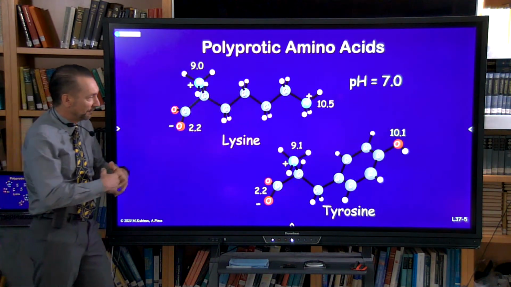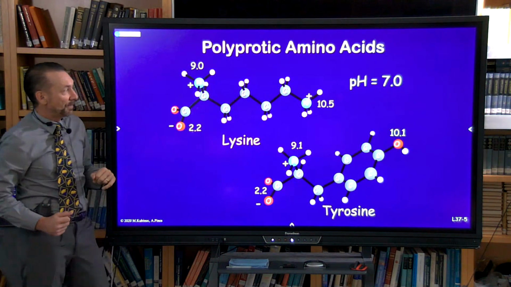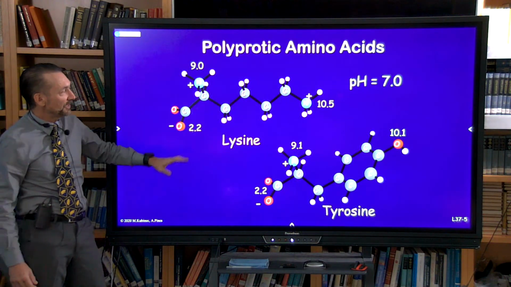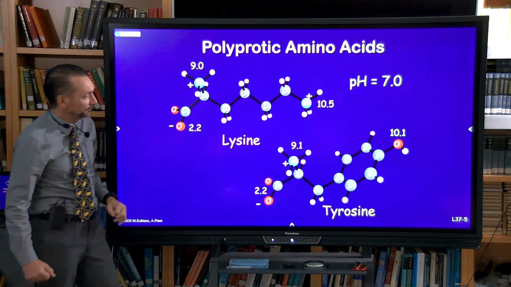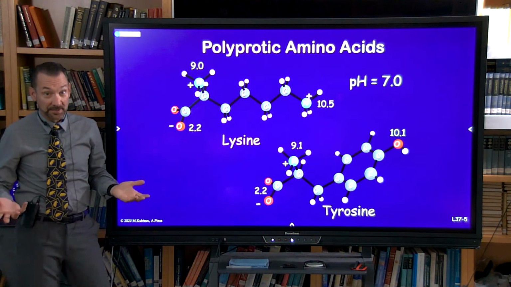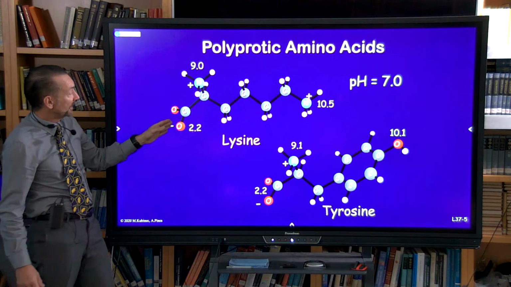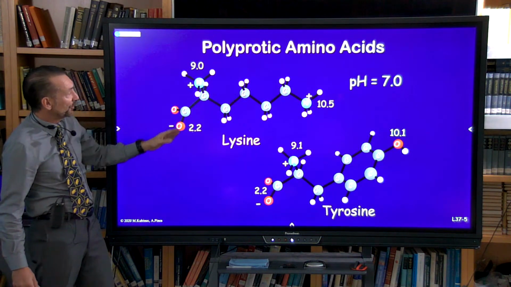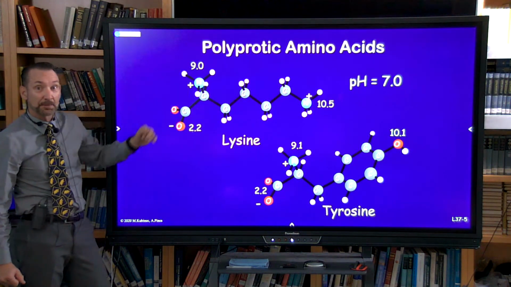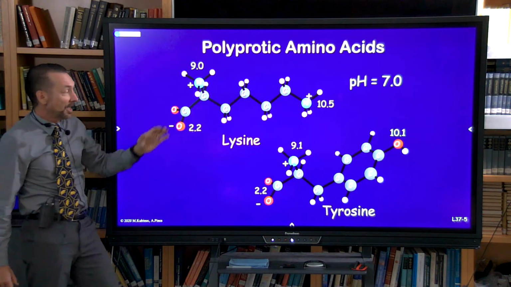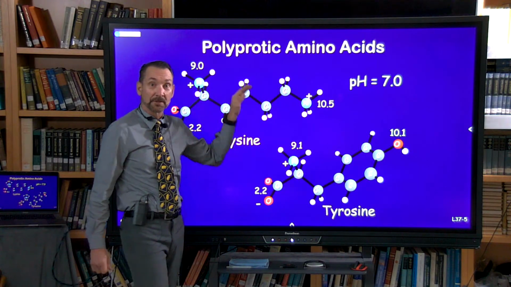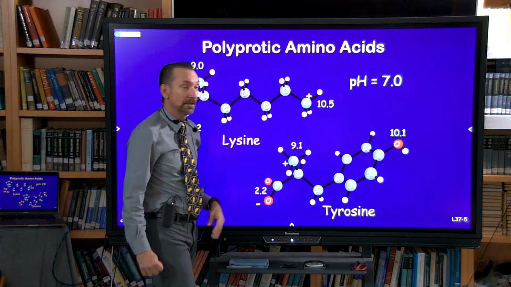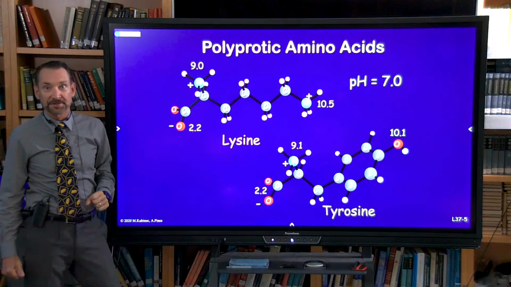They form polymers in your body that make proteins, and those proteins fold up based upon many things, but based upon, in part, the interactions, the hydrogen bonding and the plus-minus charge interactions on the various parts of the polymer. And the various parts of the polymer are the amino acid side chains.